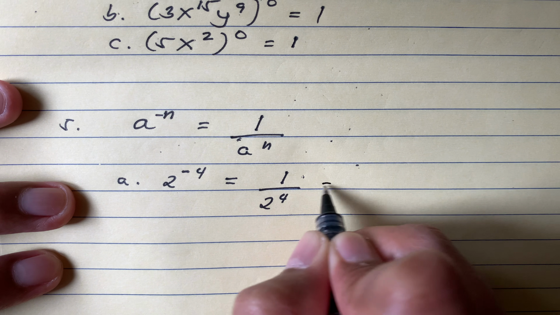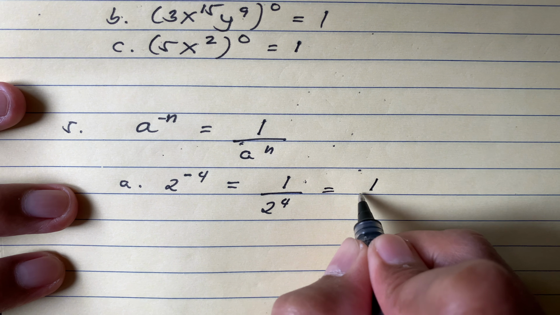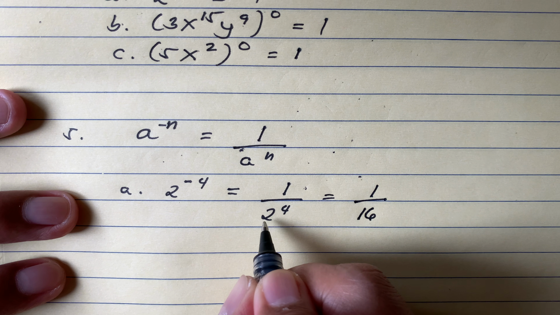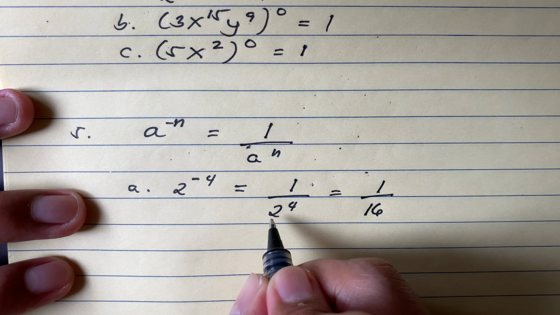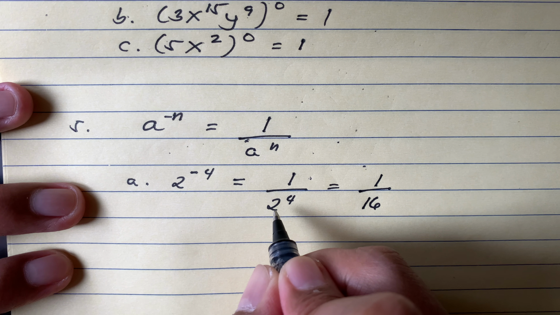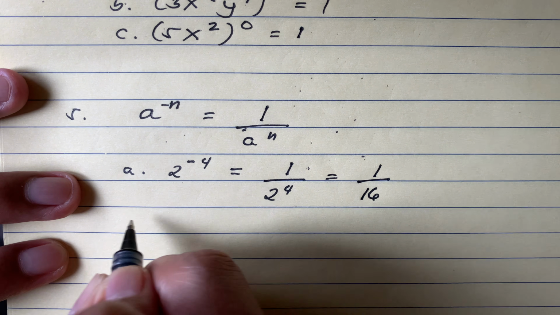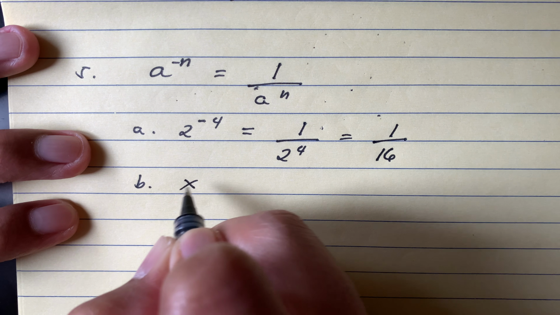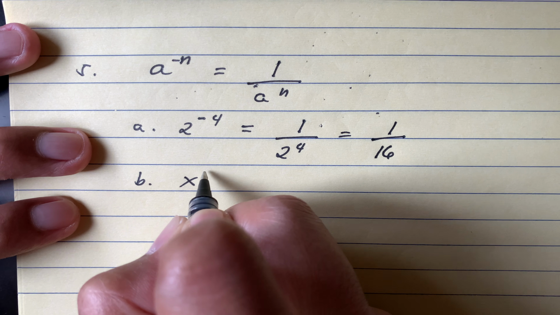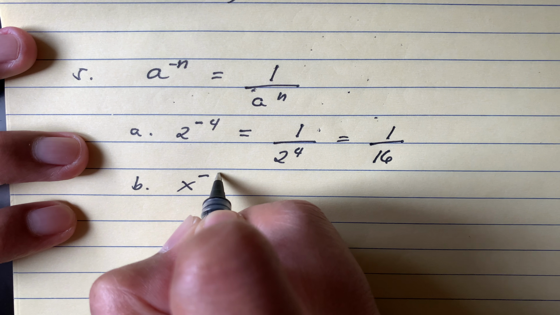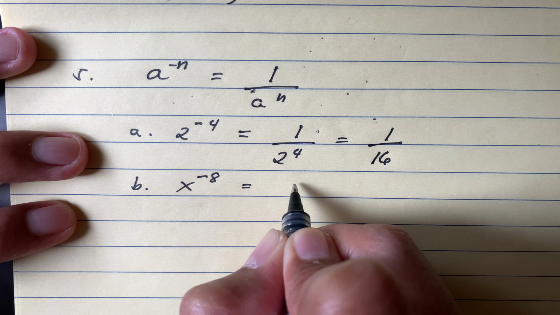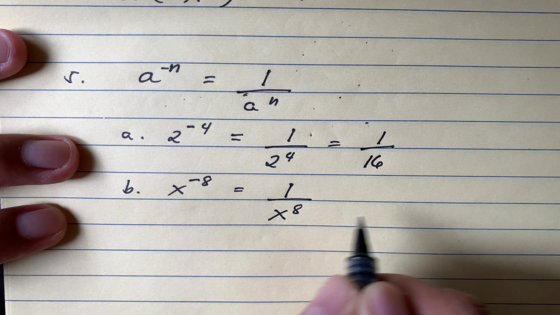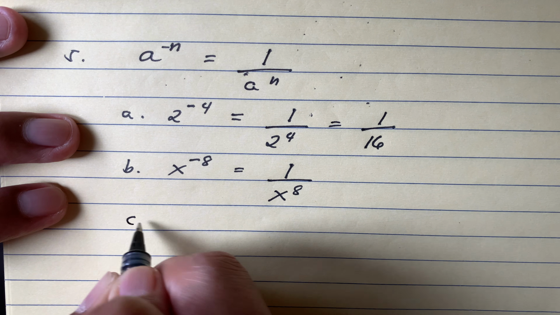Then, simplifying this further, we have now 1 all over 16, because we multiplied 2 by itself 4 times. 2 times 2 is 4, times 2 is 8, times 2 is 16. Another, let's say we have x raised to the power of negative 8. This will become 1 all over x raised to 8. Pretty simple.